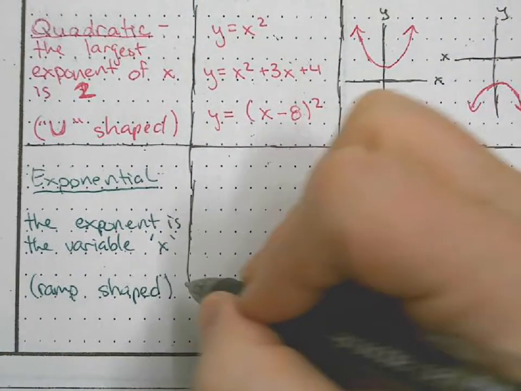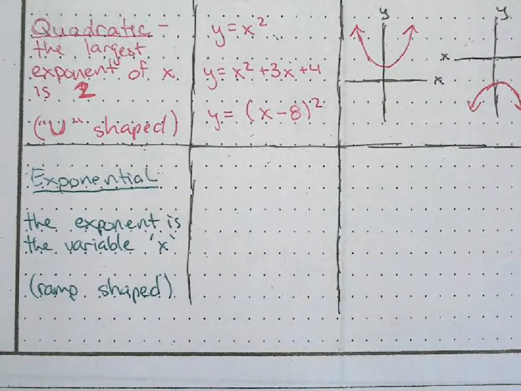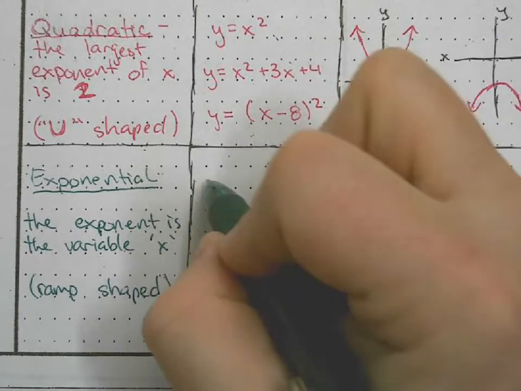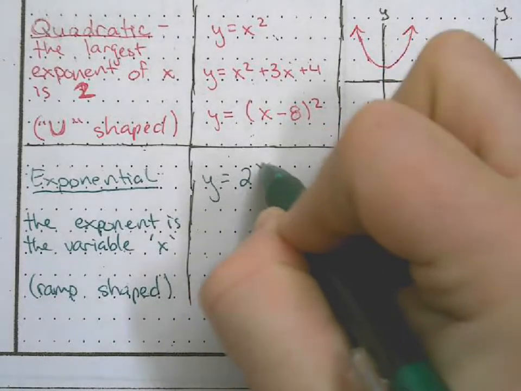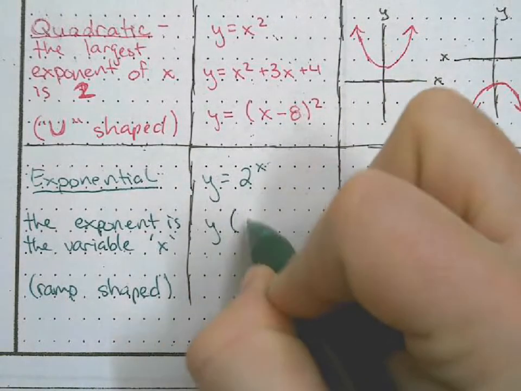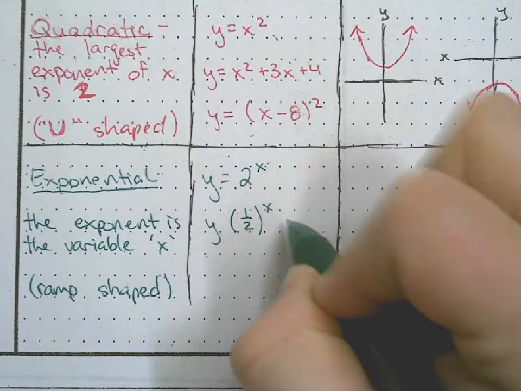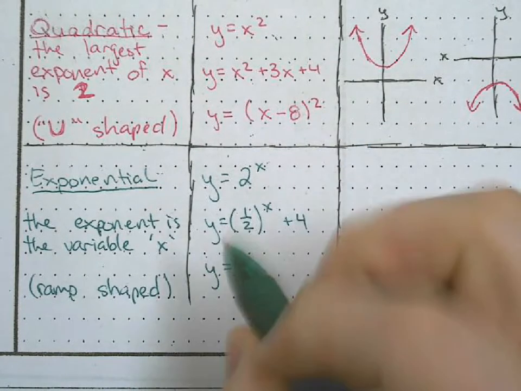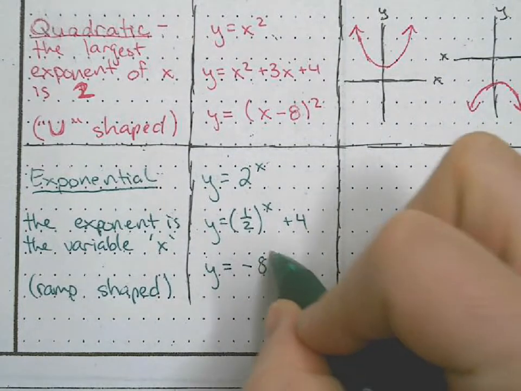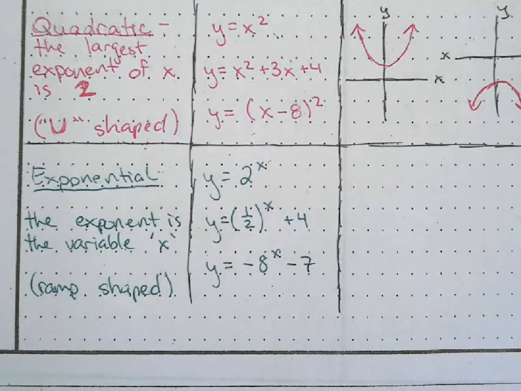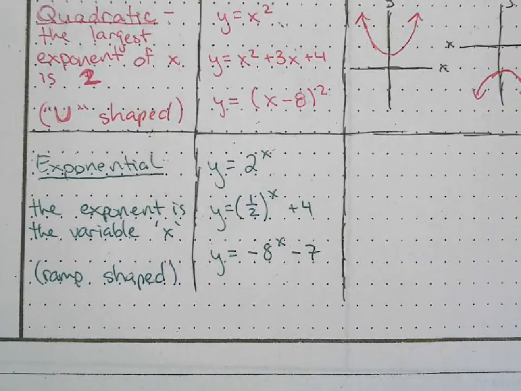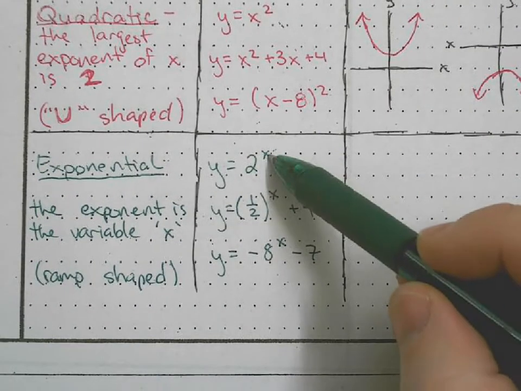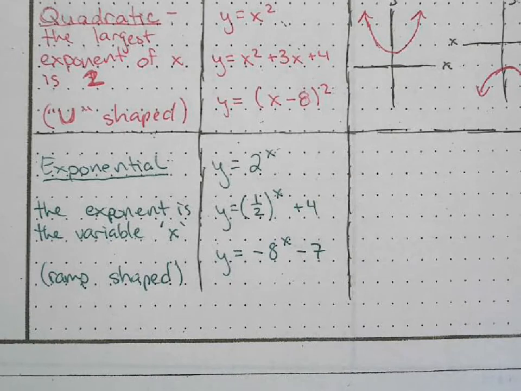We'll talk about what that means once we draw a picture. So some equations they could look like are y equals 2 to the x, y equals 1/2 raised to the x plus 4, or y equals negative 8 to the x minus 7. So the main thing we can identify is that they all have an exponent that is the letter x.